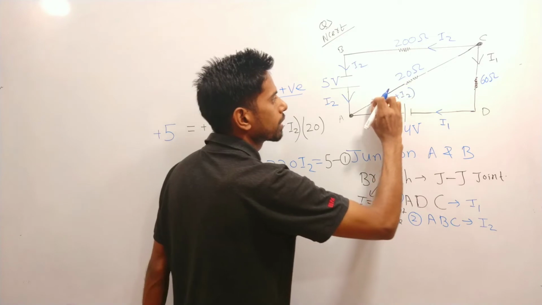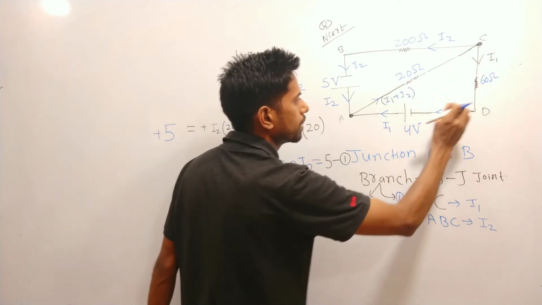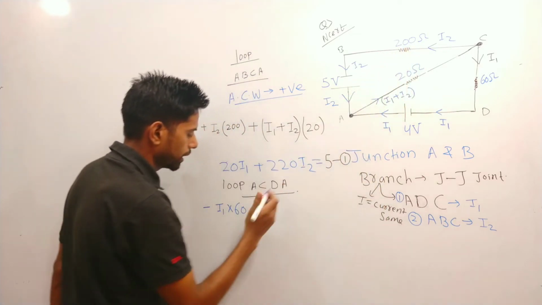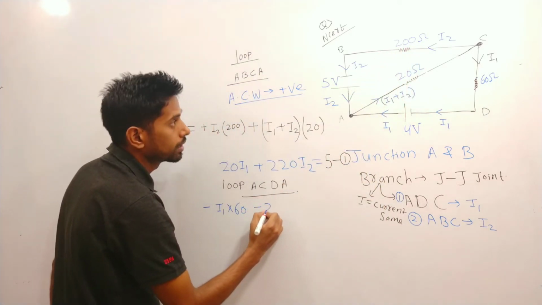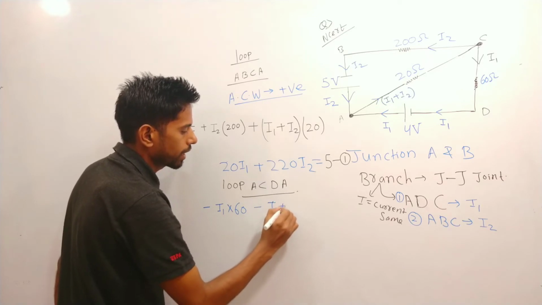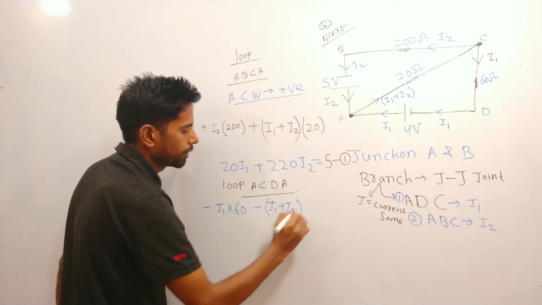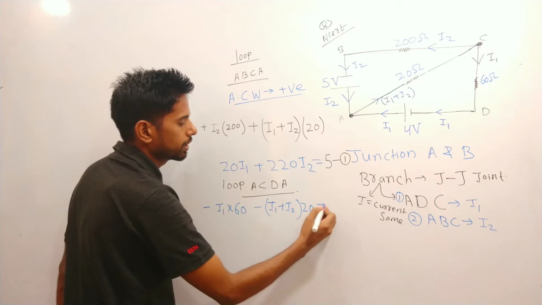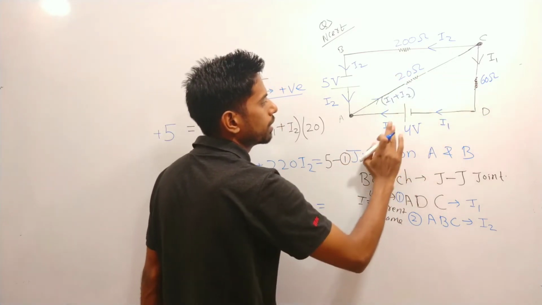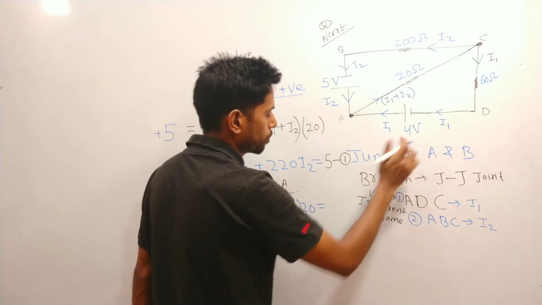So current is flowing across this. This is also clockwise. So clockwise means minus 20 into (I1 plus I2), this is equal to 4 volt, because there are two resistors, I into R.